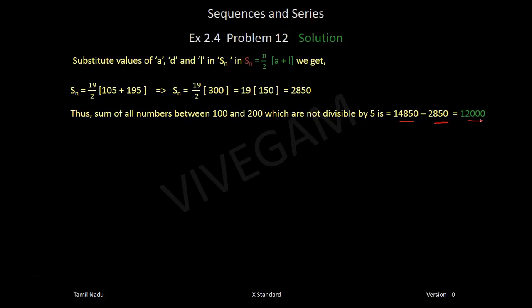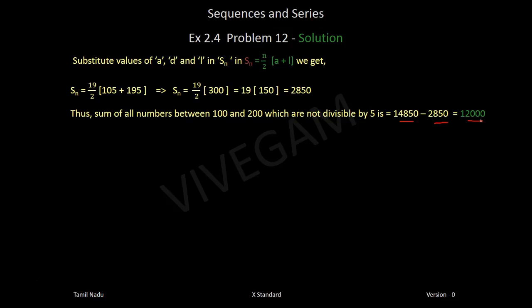So you add up all the numbers between 100 and 200, that is 101 plus 102 till 199, that is 14,850. Then you find all the numbers between 100 and 200 divisible by 5 and add them. That gives you 2850. So 2850, when you subtract from 14850, you get 12,000, which is the sum of all the numbers not divisible by 5.